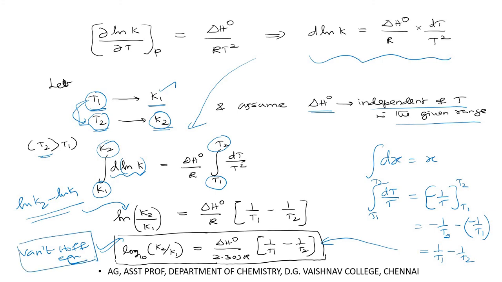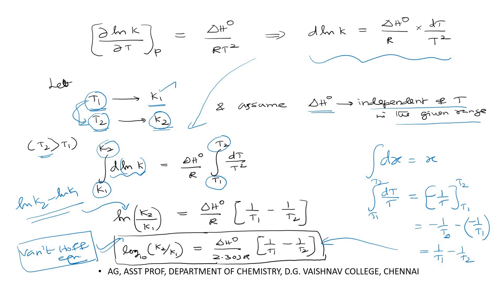This Van 't Hoff equation will tell you to what extent the equilibrium reaction will favor either the forward direction or the backward direction as we increase the temperature of the reaction. So if you increase the temperature, to what extent the equilibrium will change, you can obtain quantitatively using this equation.